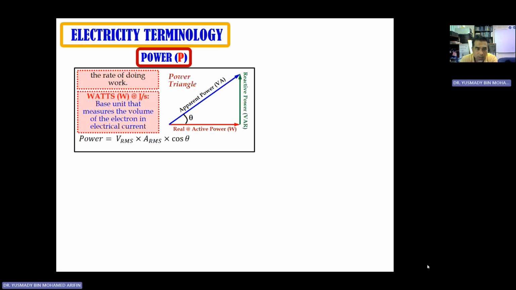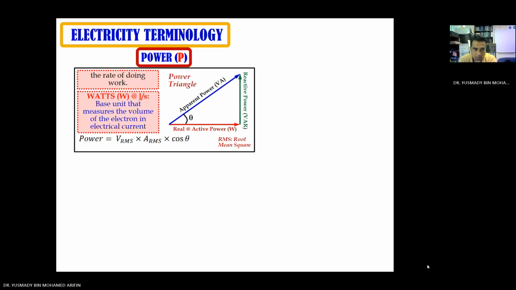So in terms of formula, power is equal to voltage RMS multiplied by current RMS multiplied by cos theta. The theta value represents the angle between apparent power and active power or real power. RMS stands for root mean square, which is some sort of average value.